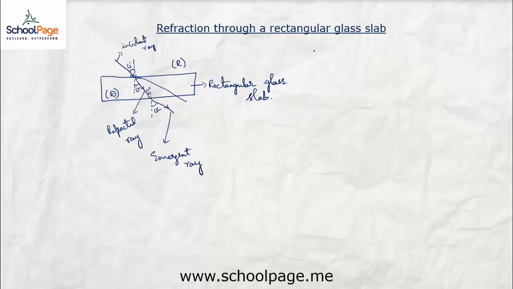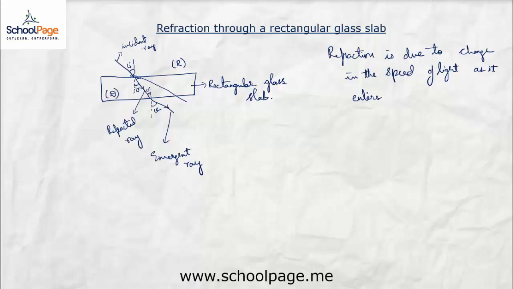So refraction is due to change in the speed of light as it enters from one transparent medium to another.